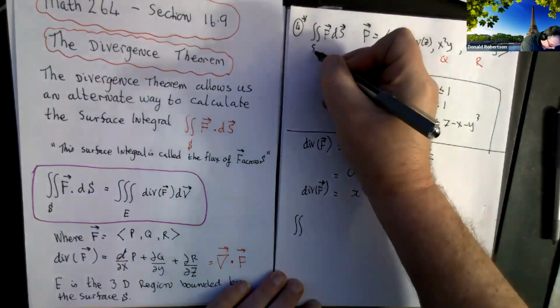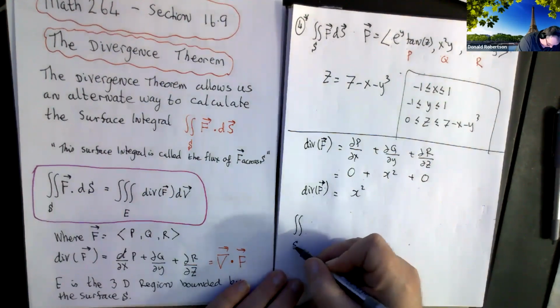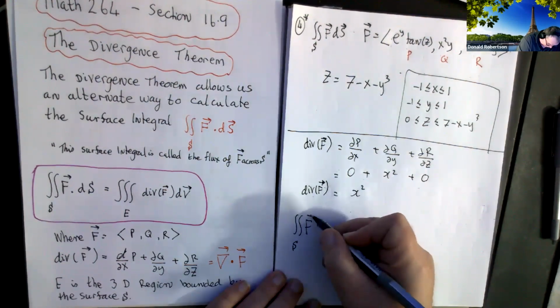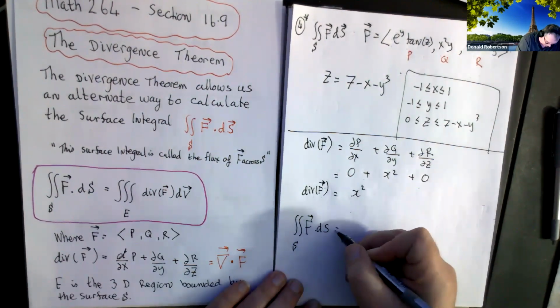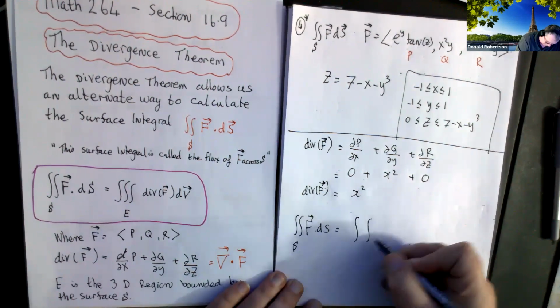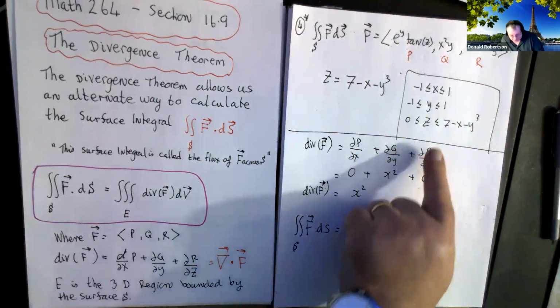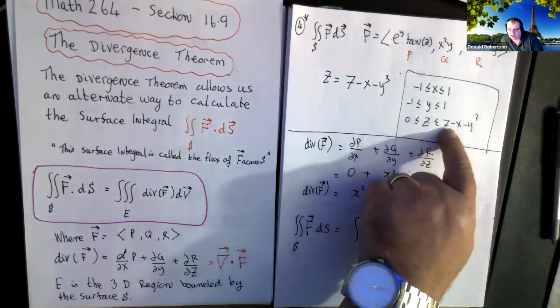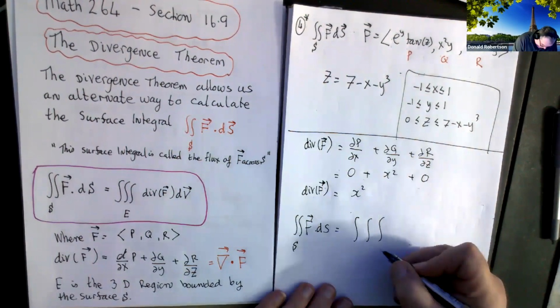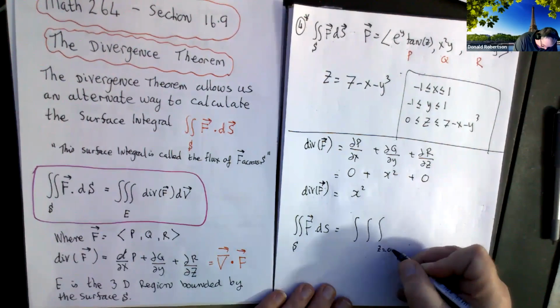The surface integral, F dot dS, is going to be a triple integral. Now, since this guy here has x's and y's in it, that tells me this one has to be done first.